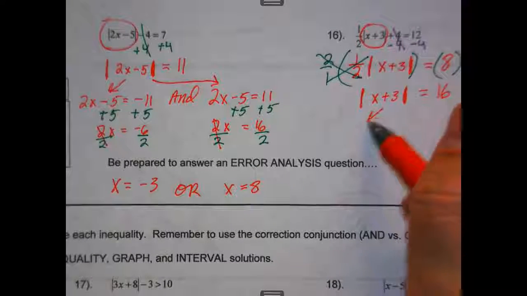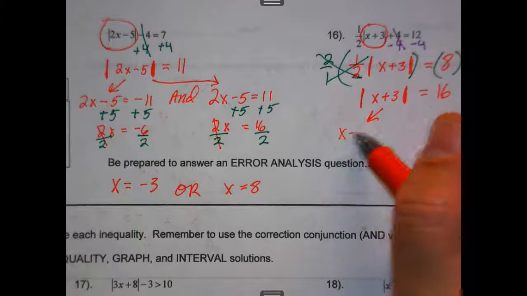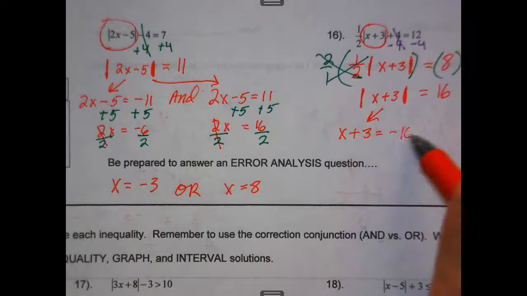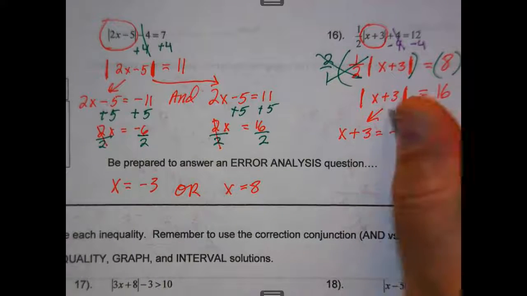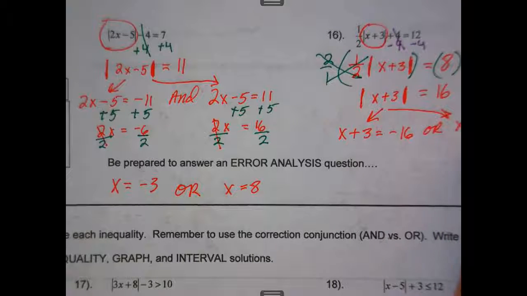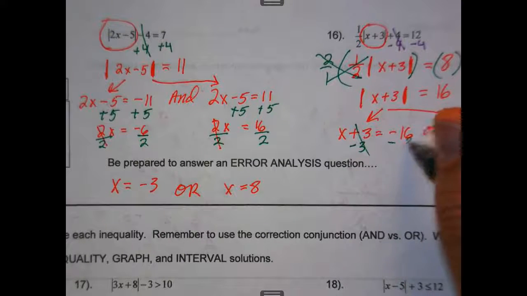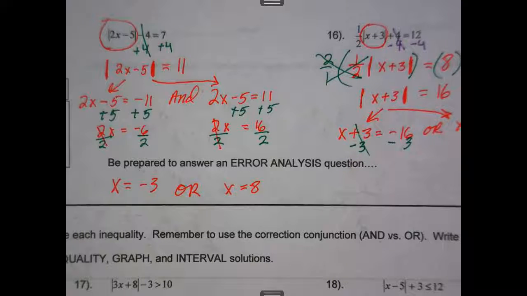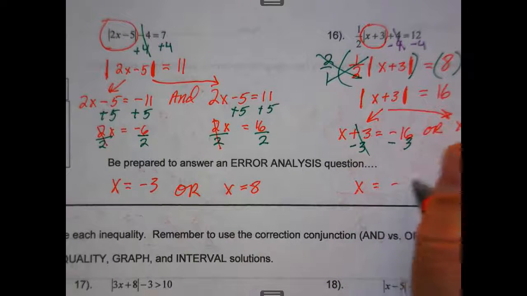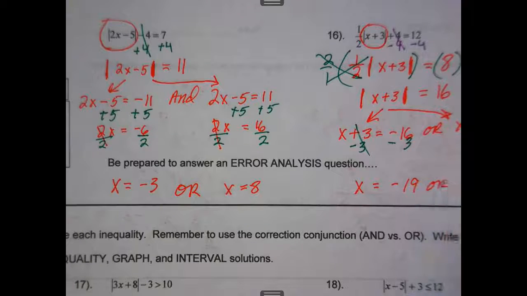Now split it up. X plus 3 equals negative 16, or x plus 3 equals positive 16. Subtract 3, subtract 3. So x equals negative 19, or x equals 13.